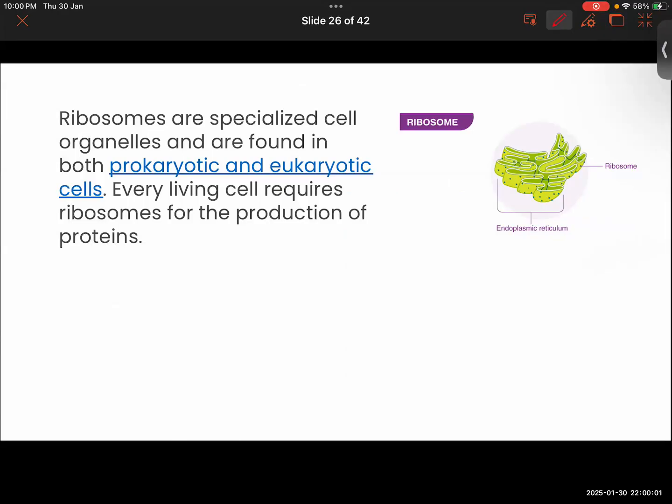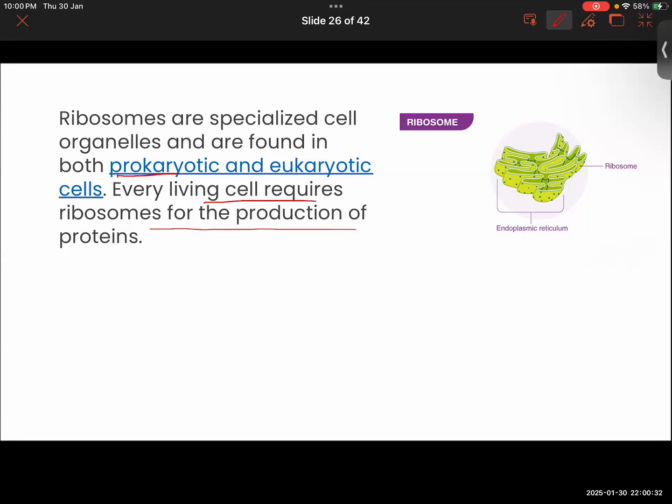These are special cell organelles that are found in both the prokaryotic and eukaryotic cells. And every living cell requires ribosomes for the production of protein. So these are kind of small machine-like structures responsible for production of protein in all the cells. Getting it, everyone?